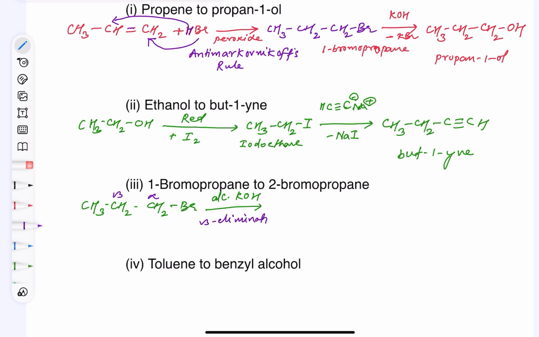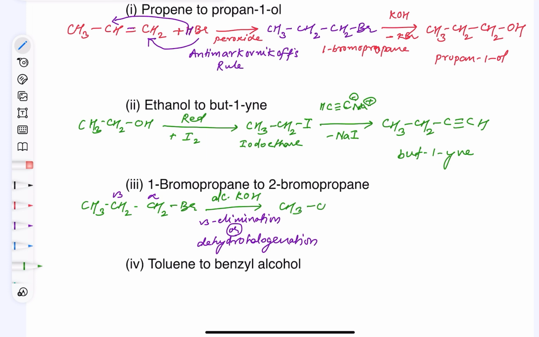or it is otherwise referred to as dehydrohalogenation, where you will remove one hydrogen and one halogen. So when you are removing that in the presence of alcoholic KOH, you get back the product as propene.